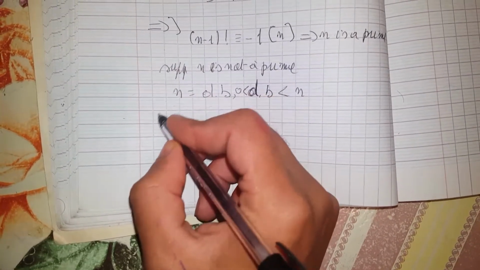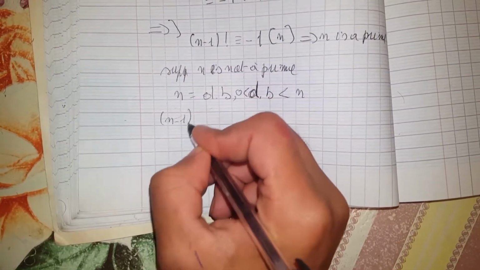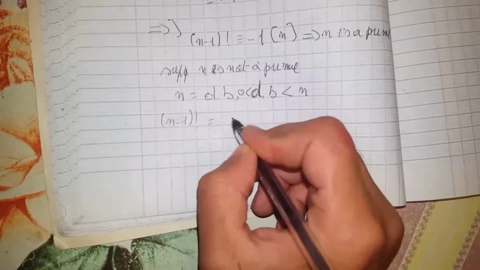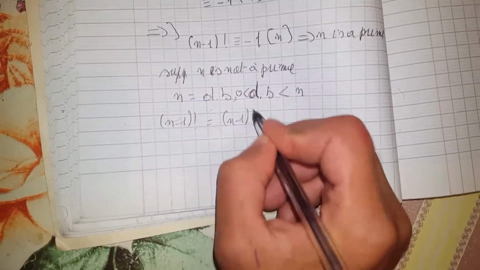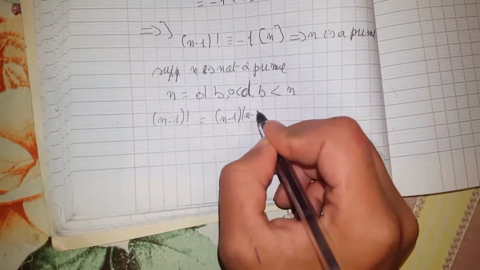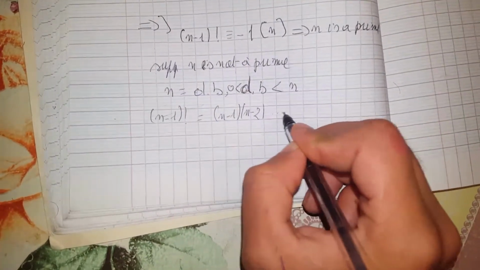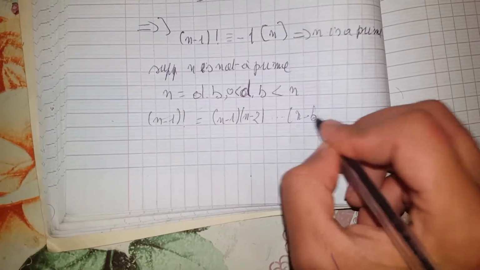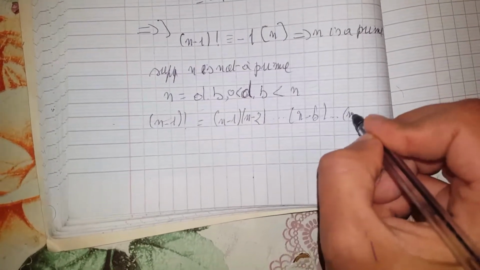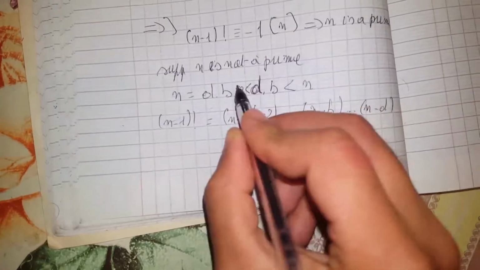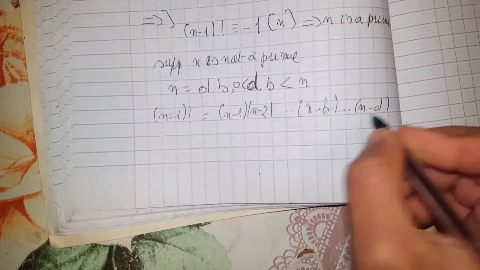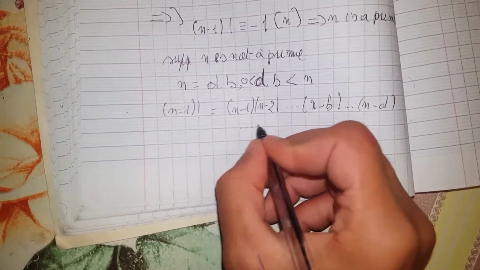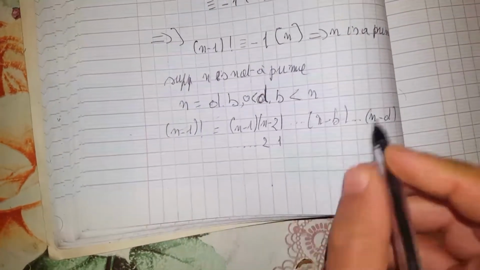So (n minus 1) factorial will be equal to n minus 1 multiplied by n minus 2, and here we can find n minus b, for example, and here n minus d, because d and b are smaller than n, and then 2 multiplied by 1.